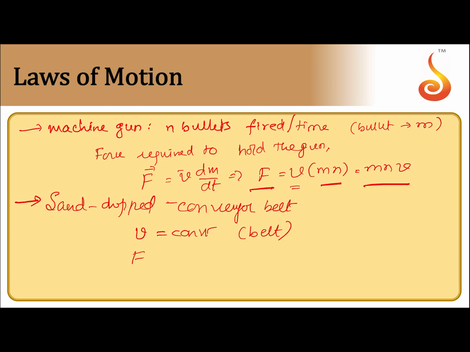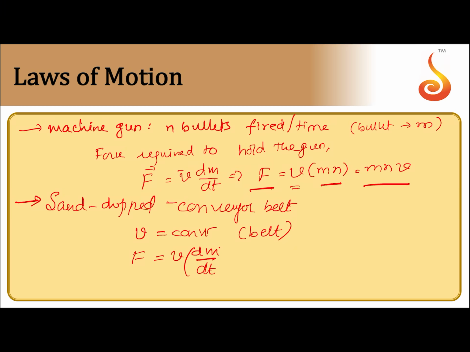Then the force I need to apply to keep the velocity of the belt constant. See, if I don't apply any force at all, then because of more and more mass, the belt loses its velocity. But I want to keep its velocity constant, so I need to apply force. Then v into dm divided by dt is the force required to keep the velocity of the belt constant here.